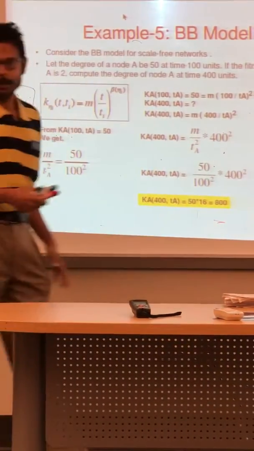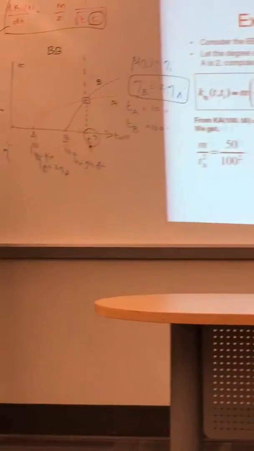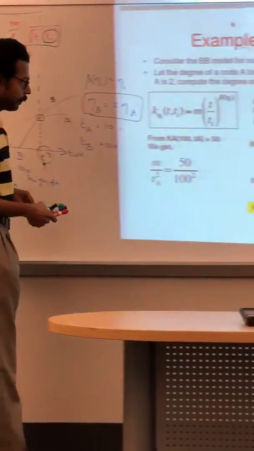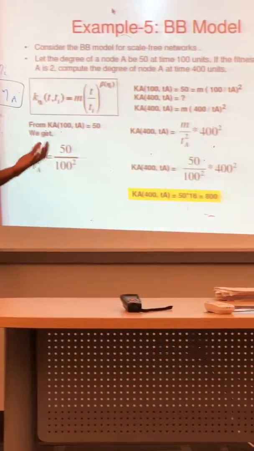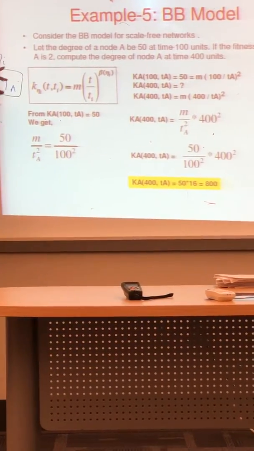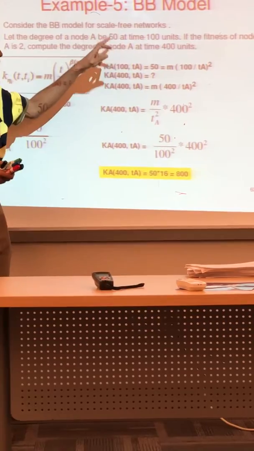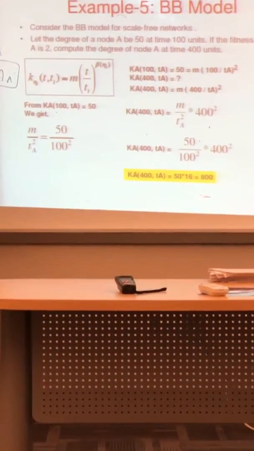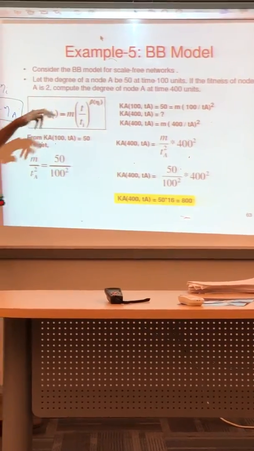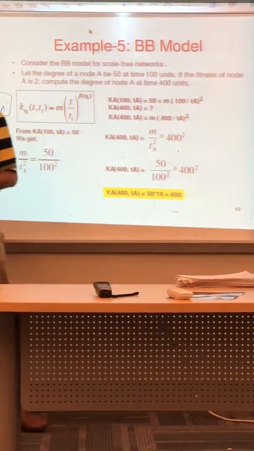Okay, so let us do this problem. This is similar to the previous problem we did on the BA model, where we had to combine the unknown variables. Let the degree of node A be 50 at time 100, and if the fitness of node A is 2, find the degree of the same node A at some future time 400 units.